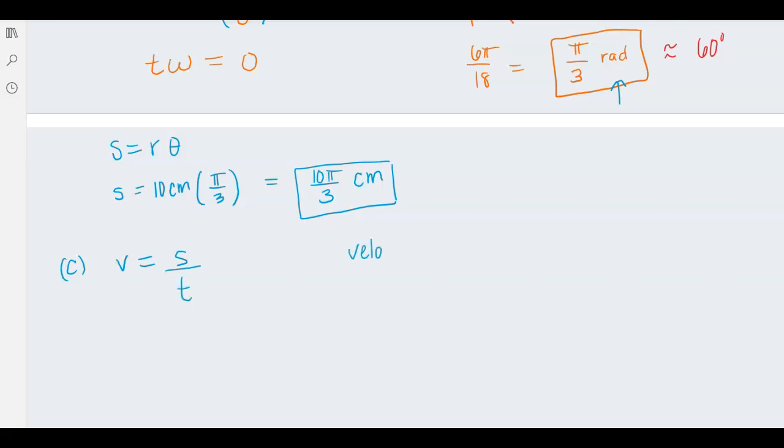So velocity equals distance over time. We found that the distance traveled was 10 pi over 3 centimeters. And the amount of time is 6 seconds.